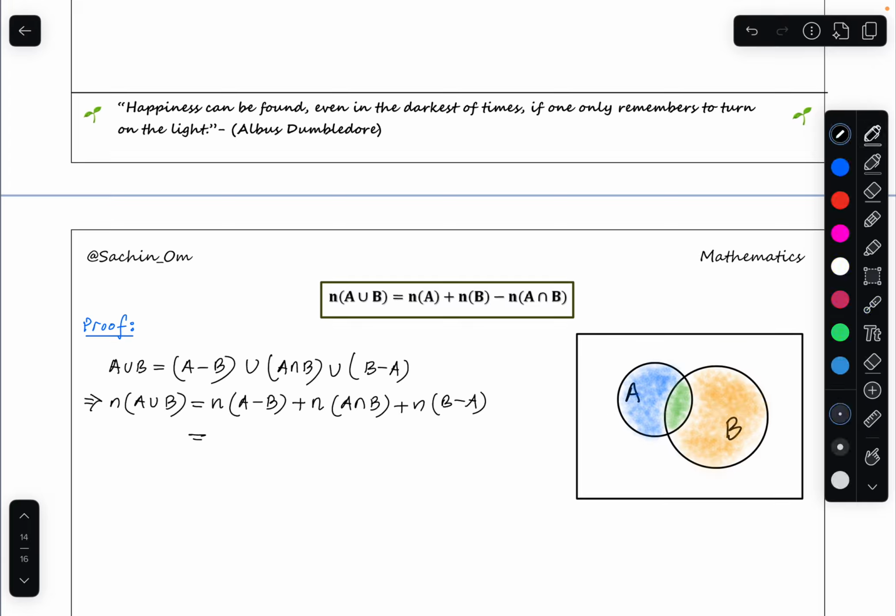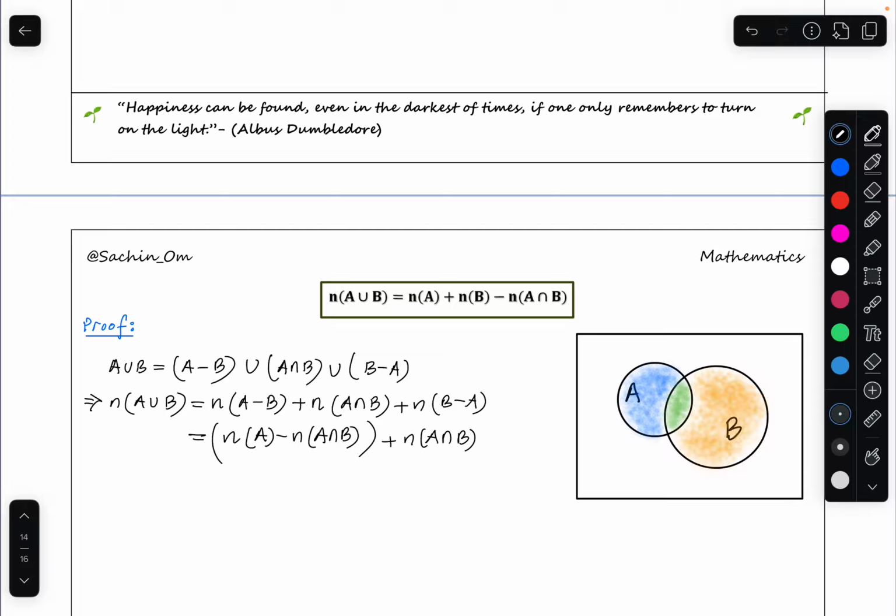So the number of elements in A minus B now. A minus B is this portion, which I can obtain by subtracting from A the intersection of A and B. That's one thing. The second thing is the intersection, which is fine.